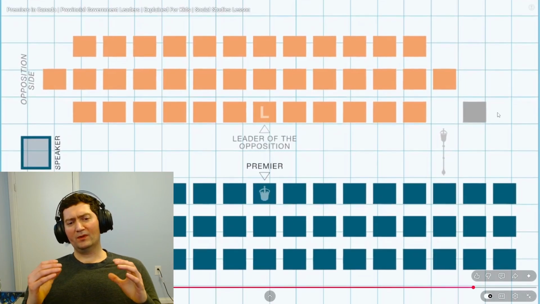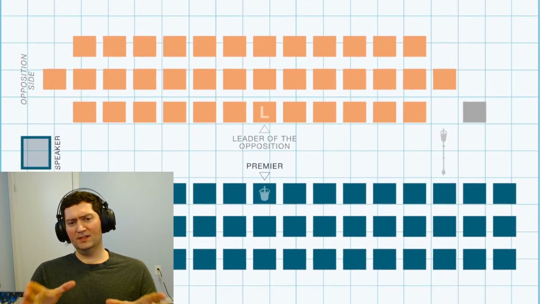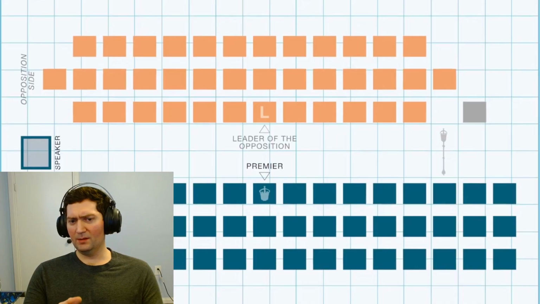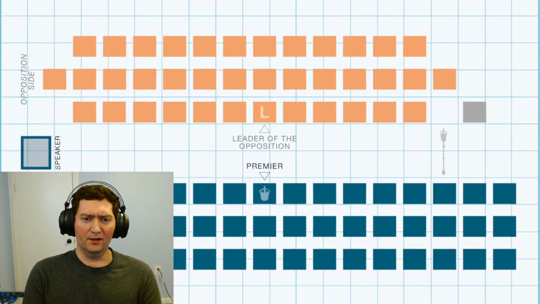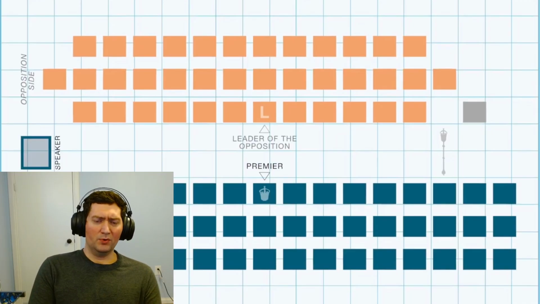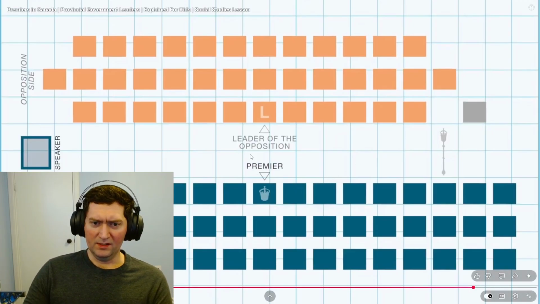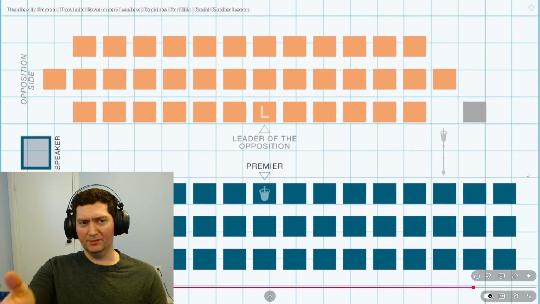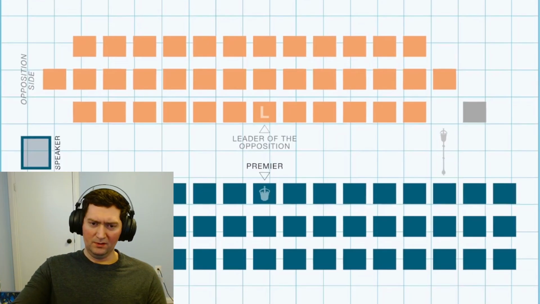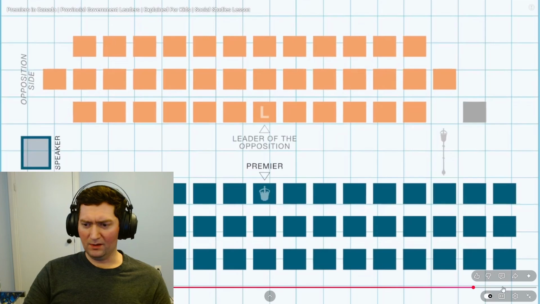So this is set up to work the same way as the federal system, where the premier is the head of the party that got the most votes, but is in the end ultimately responsible to not to the House of Commons.